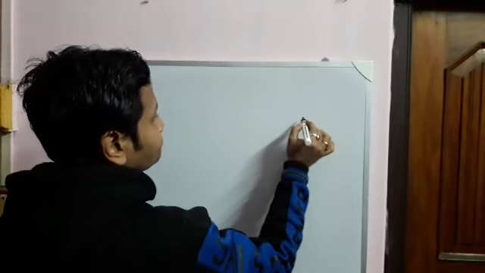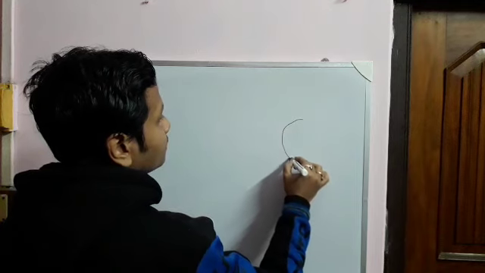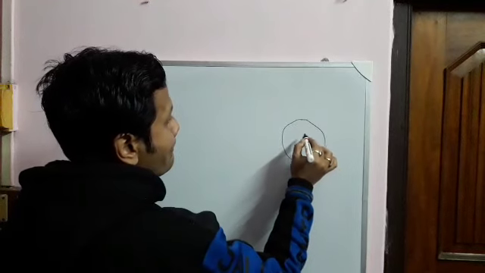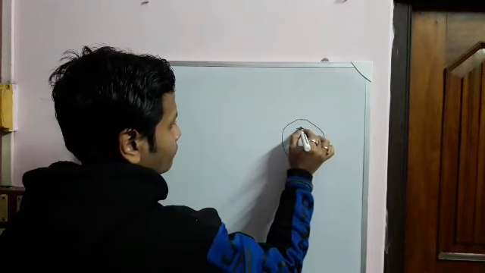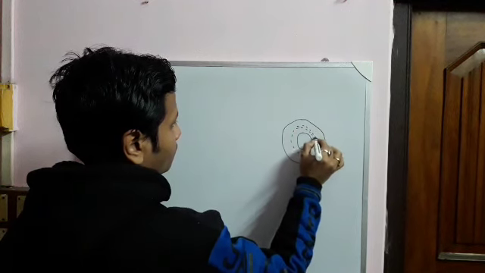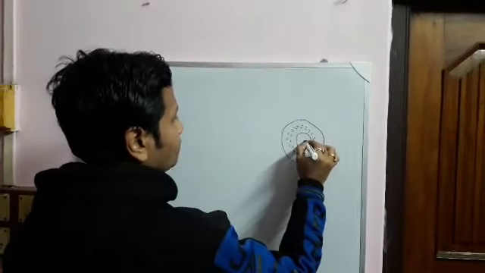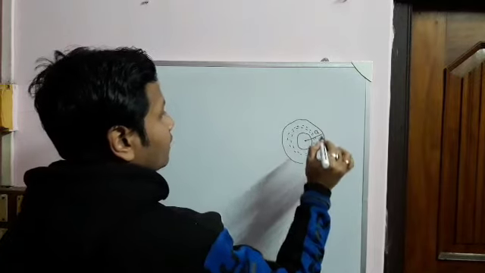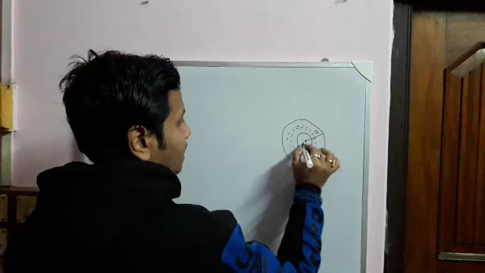So, this is a solid sphere of radius, say, a, and there is also an inner sphere of radius r.